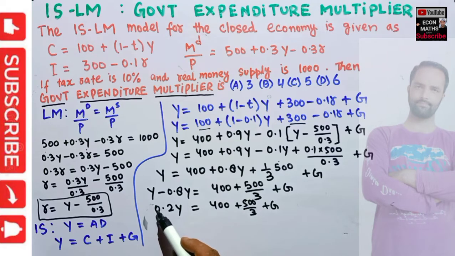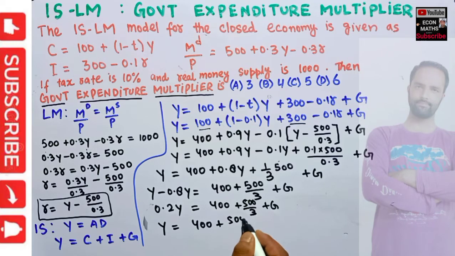Now transposing this 0.2 to RHS, it will get divided to each of the terms. So our y will be equal to 400 upon 0.2 plus 500 upon 0.2 times 3 plus g upon 0.2.